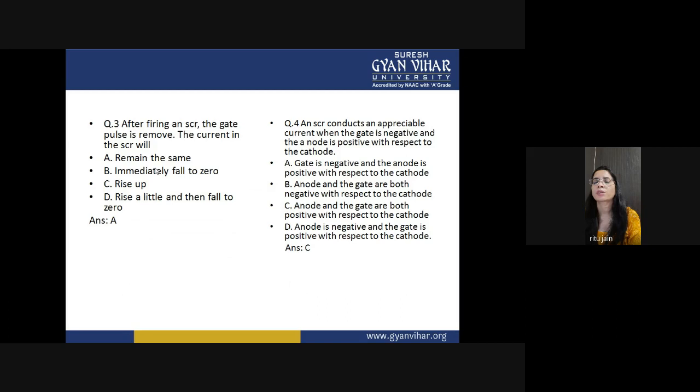The anode will remain positive with respect to the cathode, and as we know, we apply a positive gate pulse to the gate terminal. So the anode and the gate are both positive with respect to the cathode.